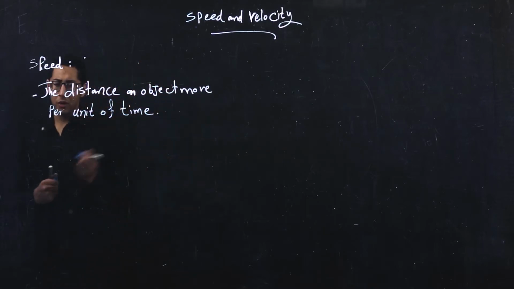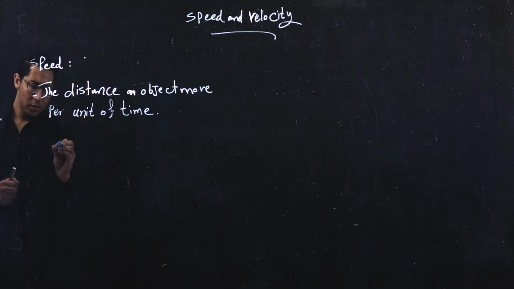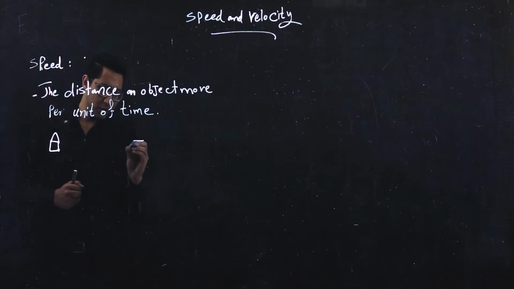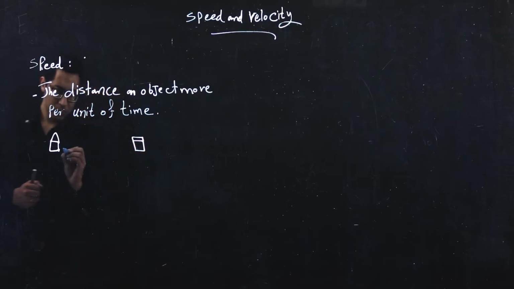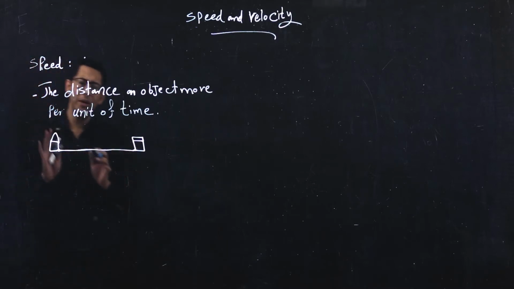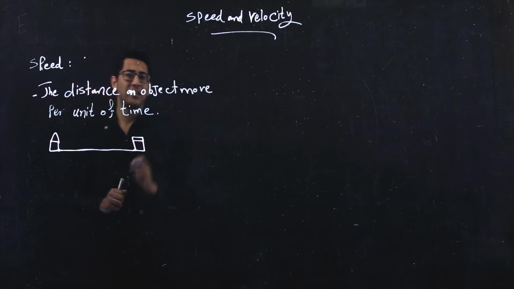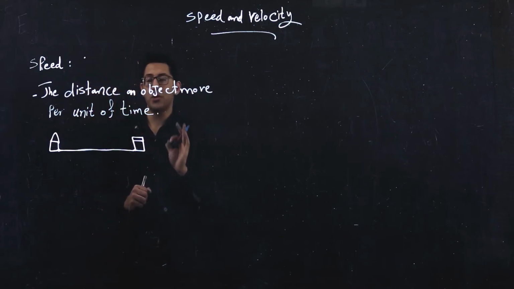For example, you are moving from your home and you're coming to the supermarket. You heard the word distance before in the first lesson. Distance is the length of the path between 2 points.